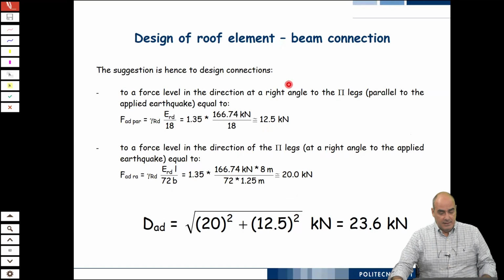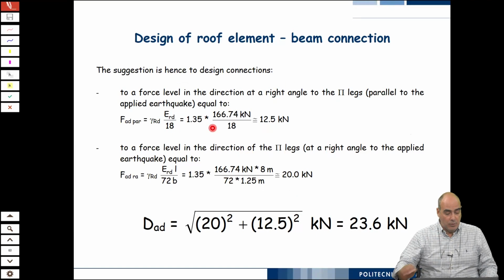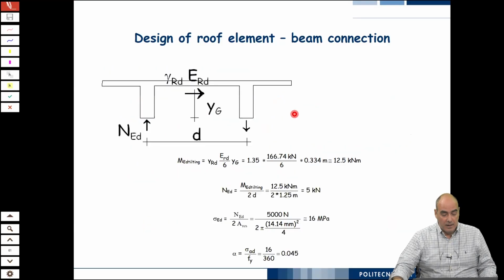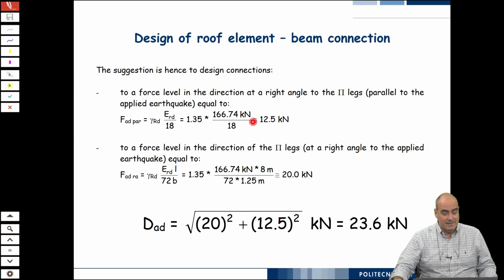So this was the design of the beam to column connection, which is the design model that we use for the roof element to beam connection.